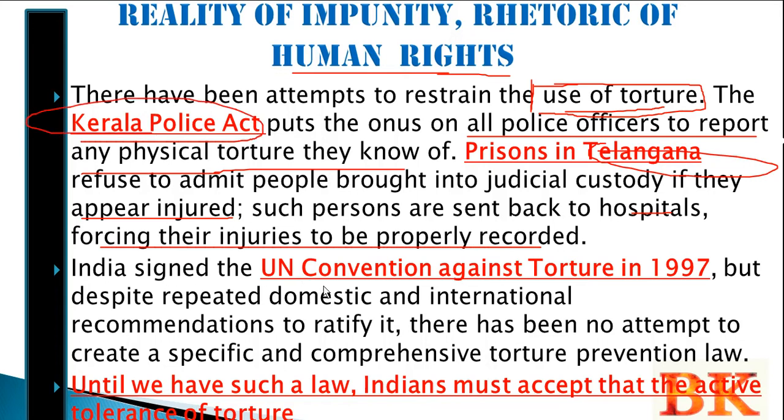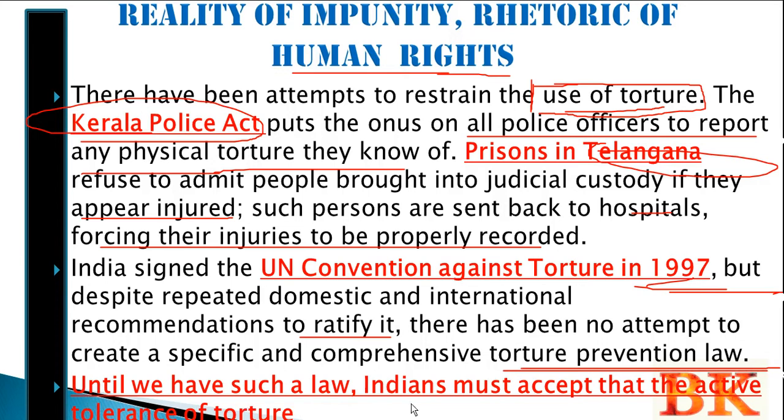India signed the UN Convention against Torture in 1997. But despite repeated domestic and international recommendations to ratify it, there has been no attempt to create a specific and comprehensive torture prevention law. The signing has been done, but there is no specific law related to torture.